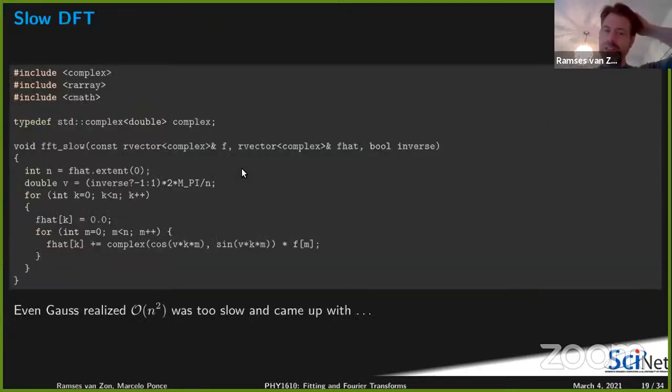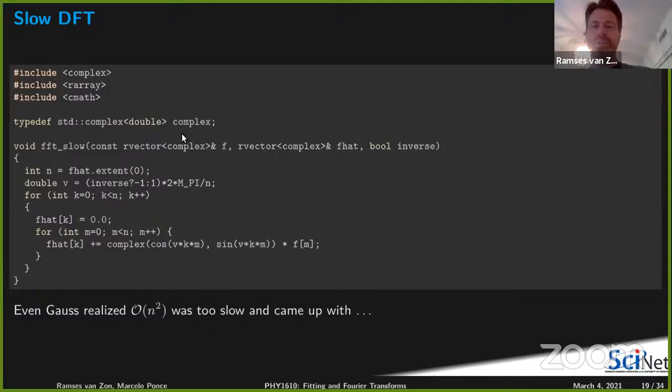So just for comparison, if you were to implement your own slow discrete Fourier transform, this is one way you could do it. So suppose I have a vector of f values coming in. By the way, these are all complex, and we're going to use that. In C++, the complex types come from the complex header, and they're denoted as std::complex, and then the underlying floating point type of the two parts, the real part and the imaginary part.